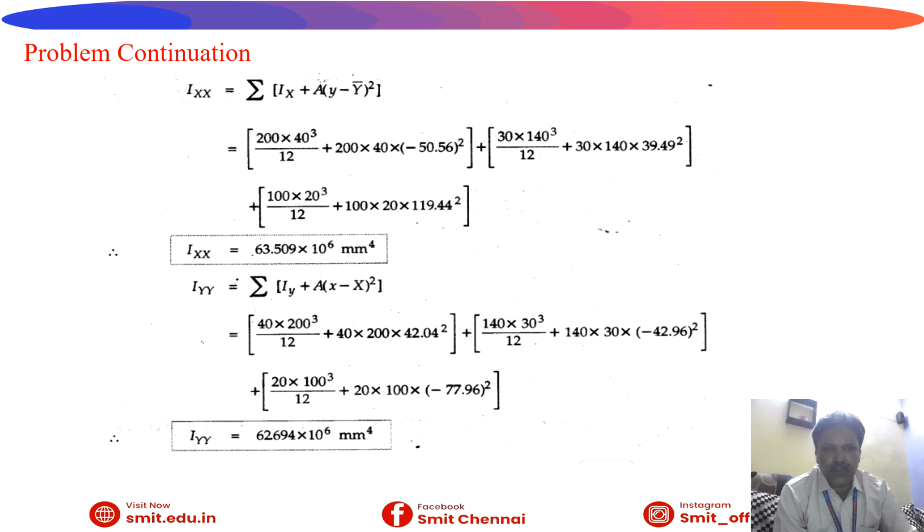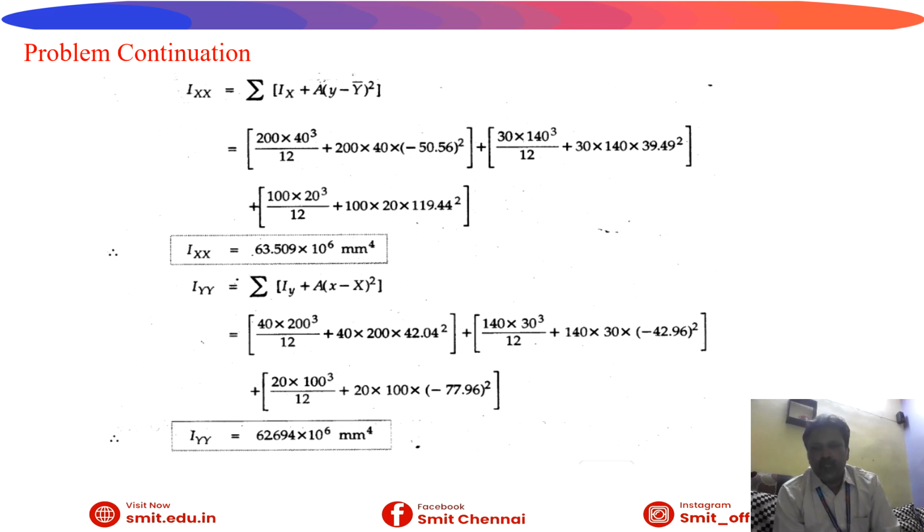Finally substitute the values in the expression: 40 into 200 cube by 12 plus 40 into 200 into 4.42.04 the whole square, plus 140 into 30 cube by 12 plus 140 into 30 into minus 42.96 the whole square, plus 20 into 100 cube by 12 plus 200 into 100 minus 77.96 the whole square. Finally you will get 62.694 into 10 to the power 6 mm power 4. The unit of moment of inertia is millimeter power 4.